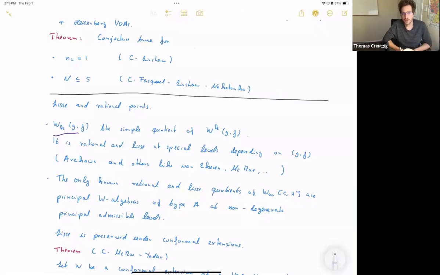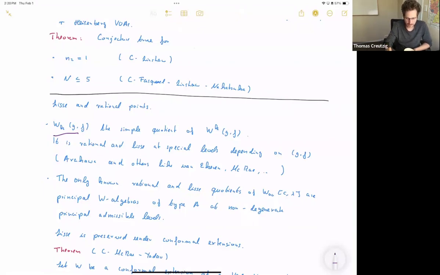Well, according to the conjecture, it's an extension of many W-infinity quotients. So you would expect that it is rational if all these W-infinity quotients are in fact rational and Lisse, because then it's an extension of a rational and Lisse VOA. And probably you would in fact expect that it's an if and only if statement, but that's a much harder claim to prove.